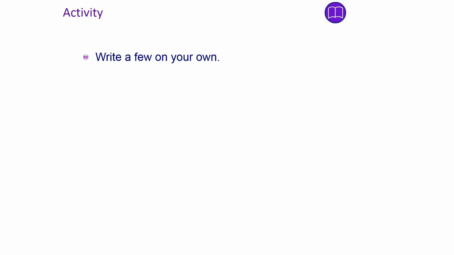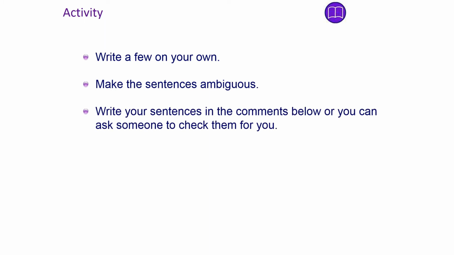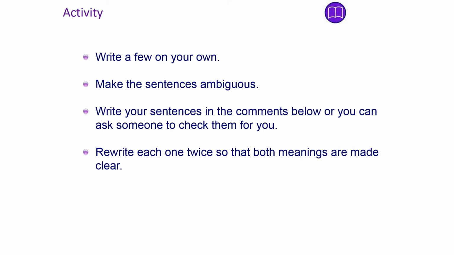I would now like you to further practice this. Write a few sentences on your own, make the sentences ambiguous, and then write corrections for these ambiguous sentences. Can you do that and give me some examples in the comments below, or you can ask someone to check them for you.